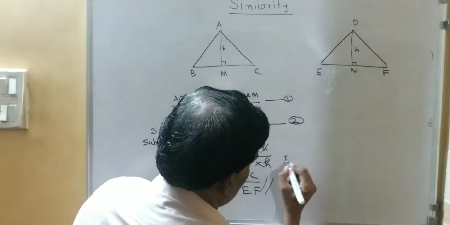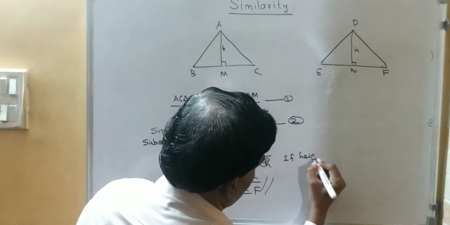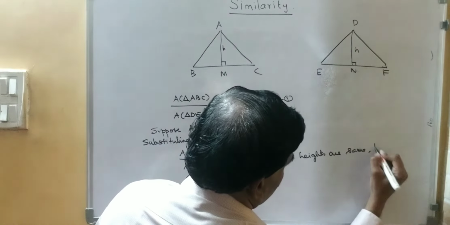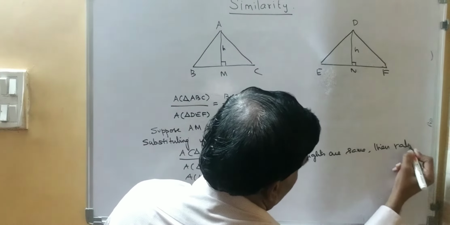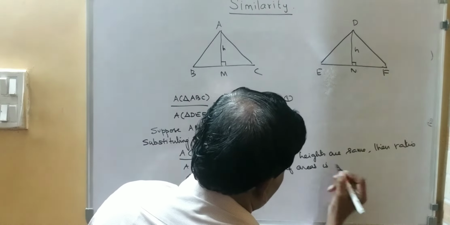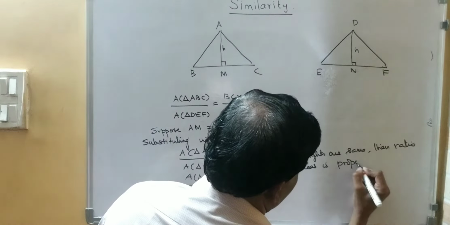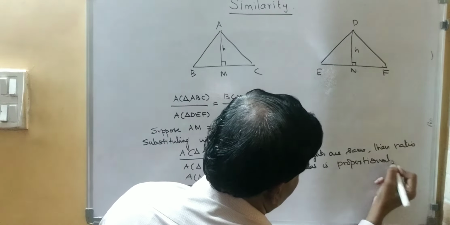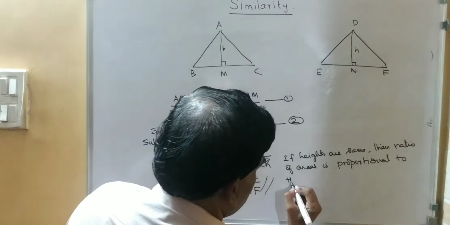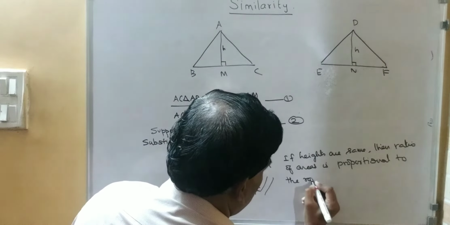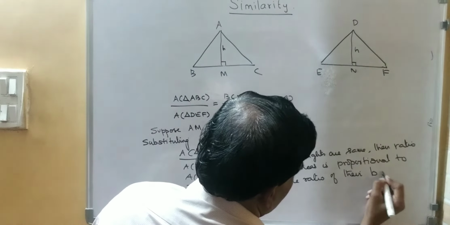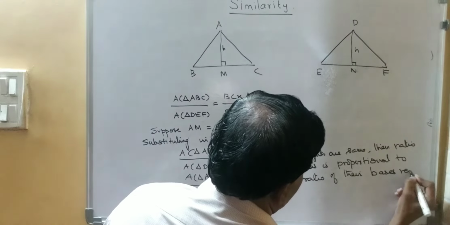If heights are the same, then the ratio of areas is proportional to the ratio of their bases respectively.